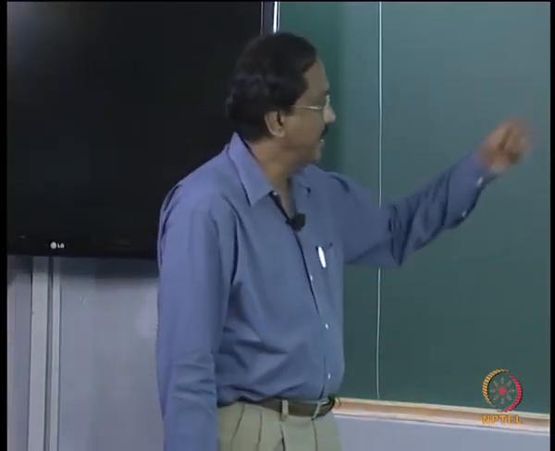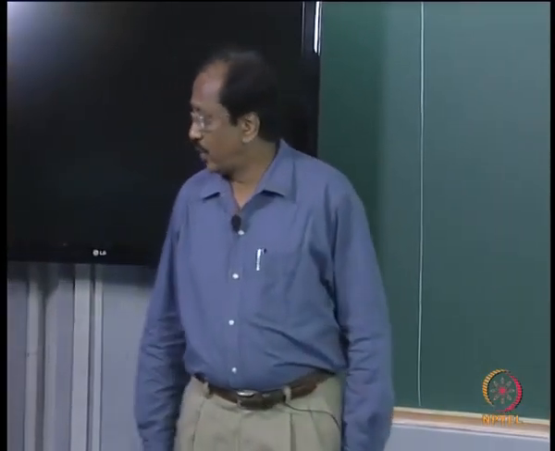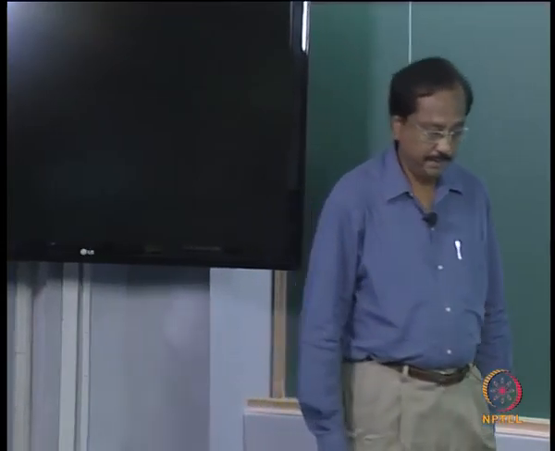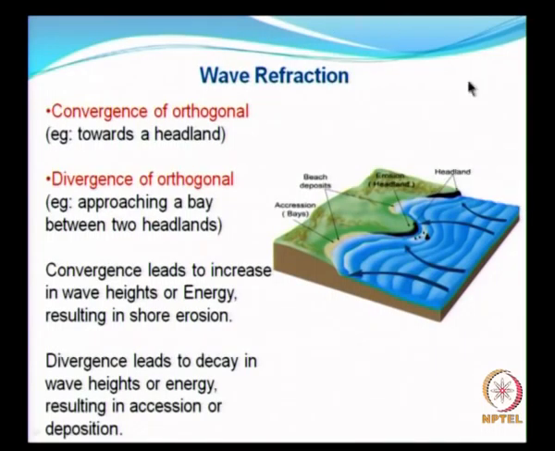For instance, if you draw a refraction diagram, a simple explanation is here. Whenever you have the convergence of the orthogonals, that means the energy is getting converged, the energy is going to get concentrated.